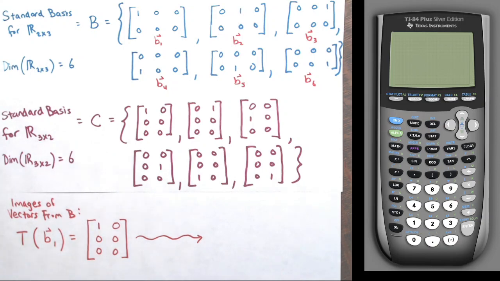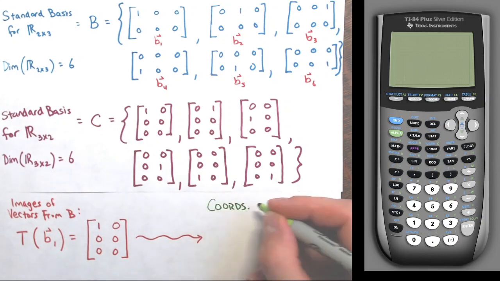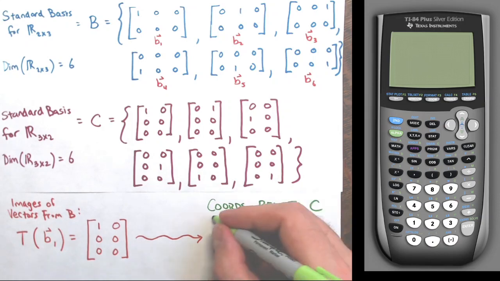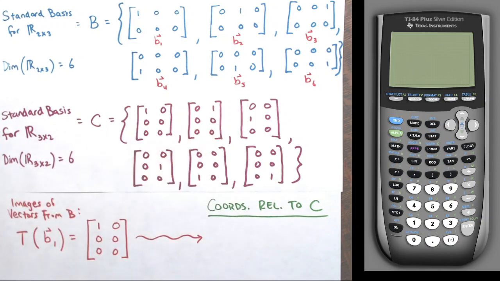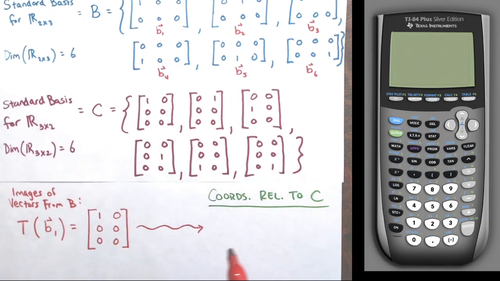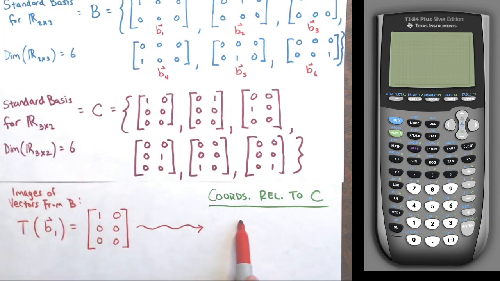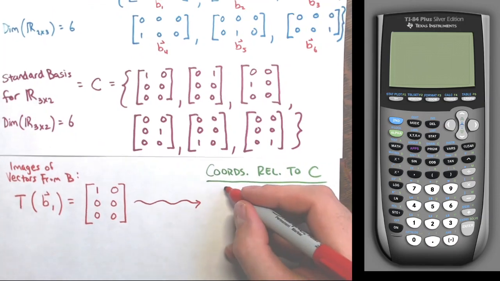What are the coordinates of this matrix relative to the standard basis C for the codomain? Now the codomain is dimension 6, so these are going to be 6 by 1, like 6 component vectors.